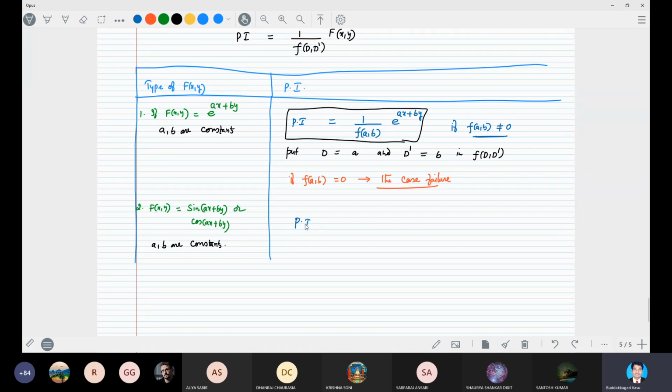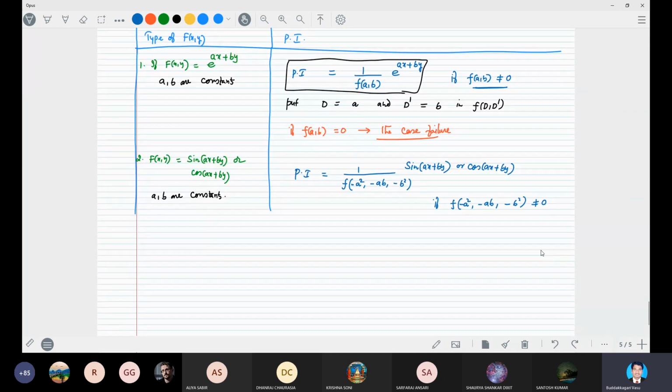PI for this case is equal to 1 by f of minus a square, minus ab, minus b square, into sine of ax plus by or cos of ax plus by, if f of minus a square comma minus ab comma minus b square is not equal to 0.